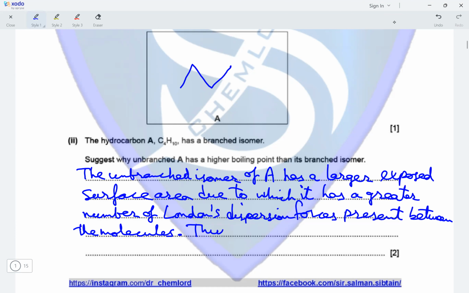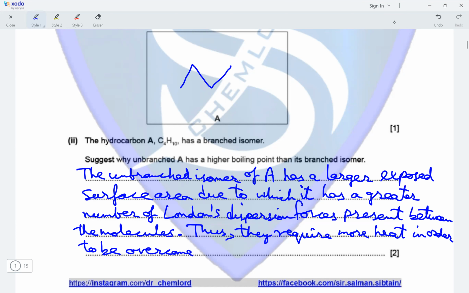Thus, they require more heat in order to be overcome, resulting in a higher boiling point.